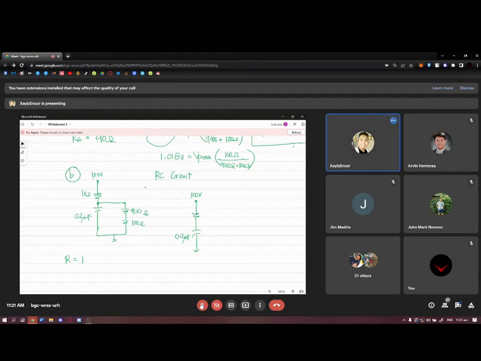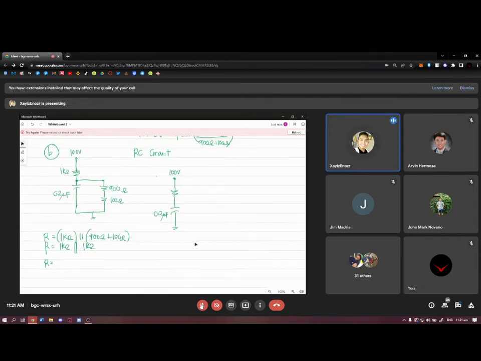So that is R is equal to 1K parallel with 1K. So that is 500 ohms.